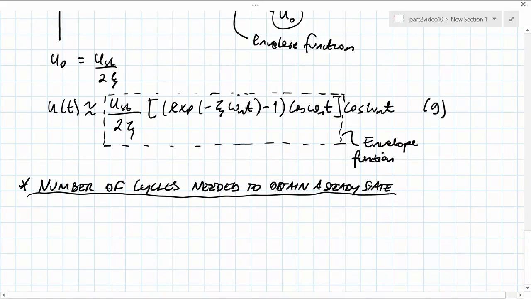We can use equation 9 to determine the number of cycles a structure needs to undergo prior to obtaining a steady state.